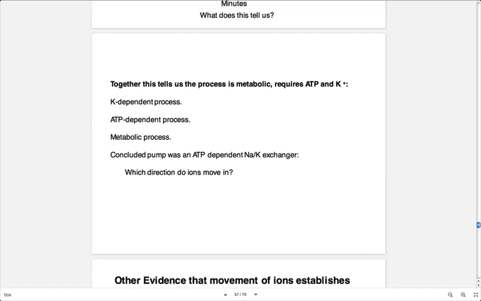There's 2 reasons, really. What's that? You want to set up the charge gradient, but why would you pump? I mean, a 3 to 2 ratio is a pretty big difference. What do you know about the difference in how potassium moves versus sodium?